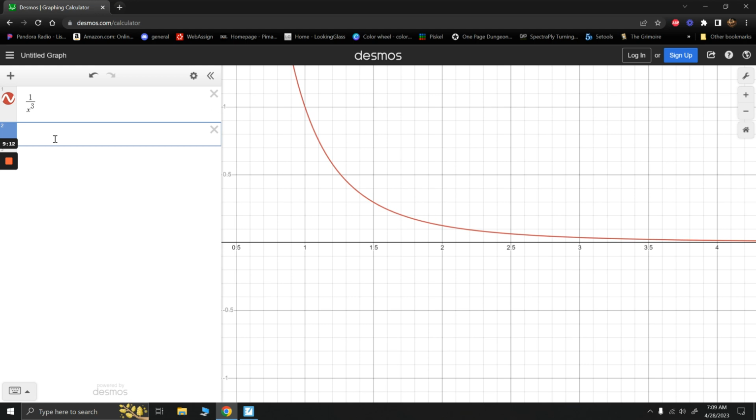However, when we're talking about series, what we're doing is we're only taking our natural number x's and adding those values together.